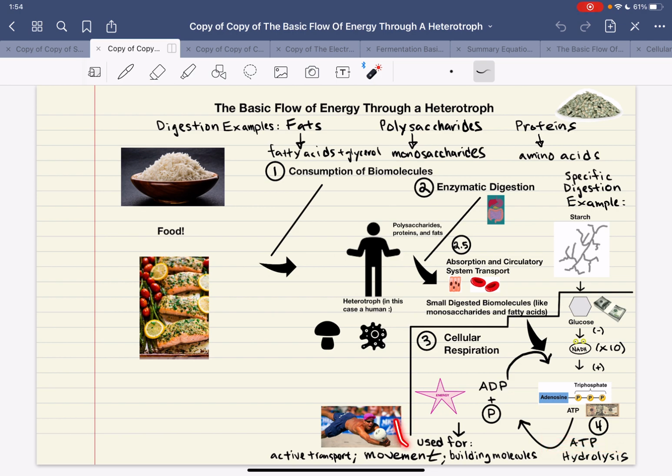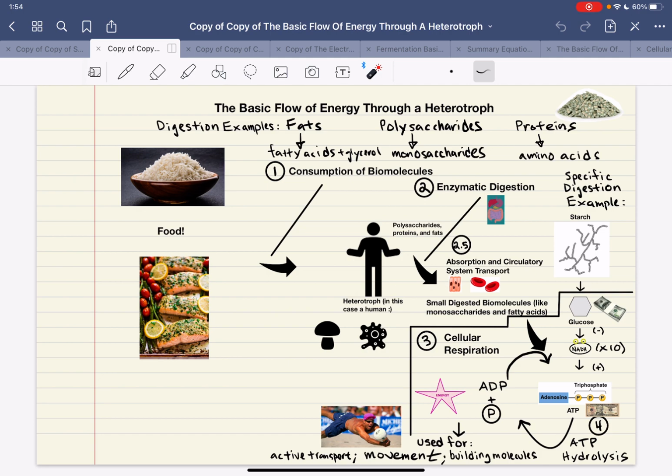Now, like we said, cellular respiration is a big portion of this, and it involves breaking down small food molecules like glucose. But there are other steps in order to get from food to glucose. So this is the introduction to cellular respiration. Okay?